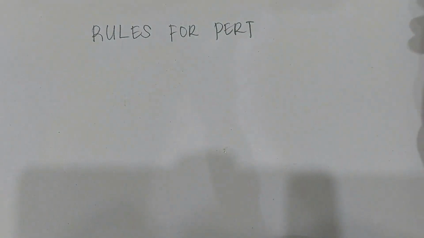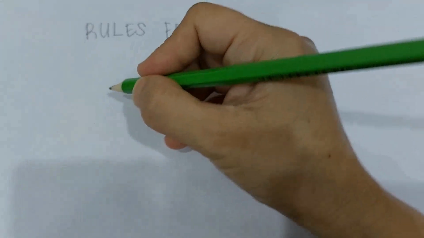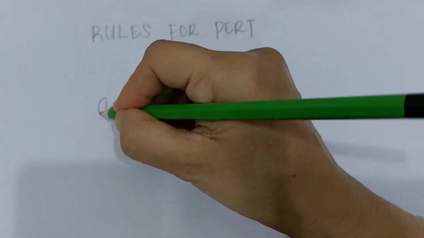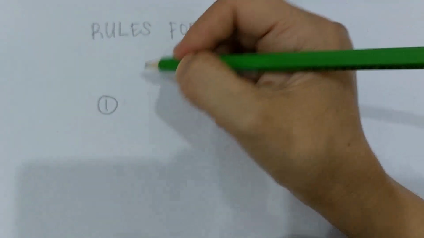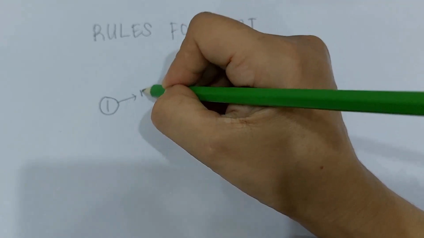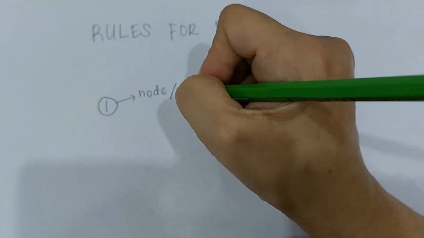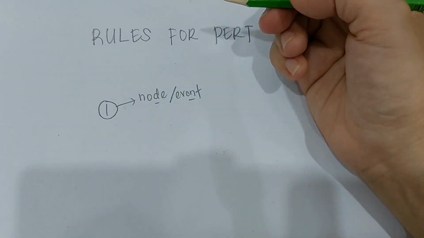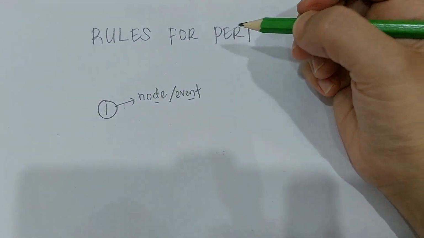First, you need to draw a number in a circle. This is called a node or event. I will be using these two words along the way, nodes or events.